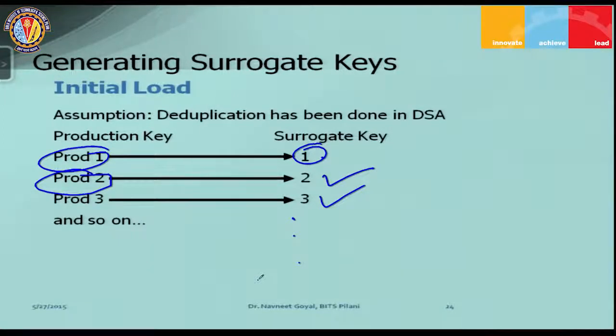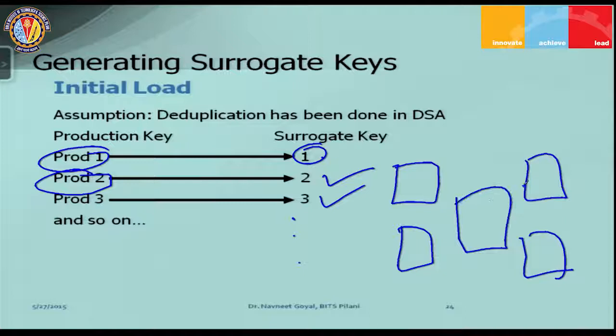In the initial load, suppose I have these 4 dimensions and the fact table in the center. I'll load these dimension tables first. Now when the sale record comes, it has all the production keys: on what date you sold this particular product from this store, and what kind of promotion was in place. So the sales record has all the natural keys.